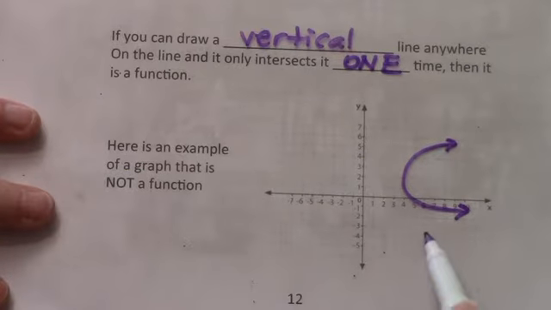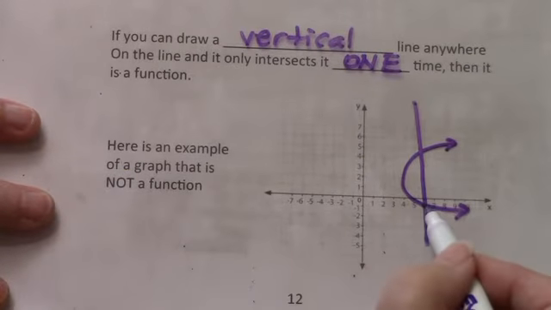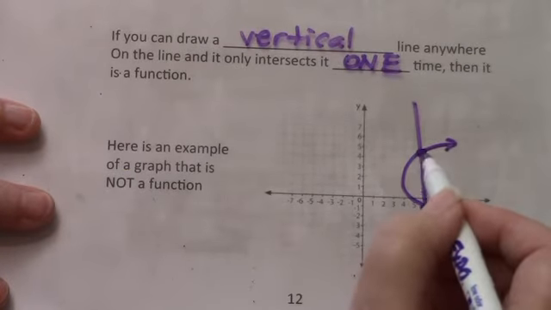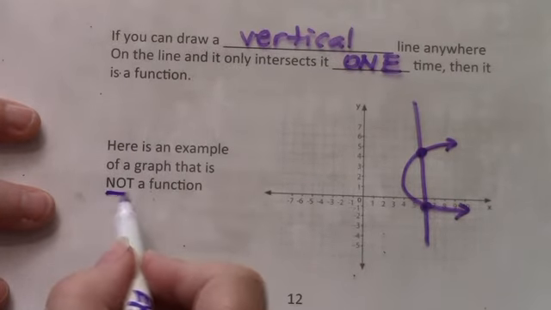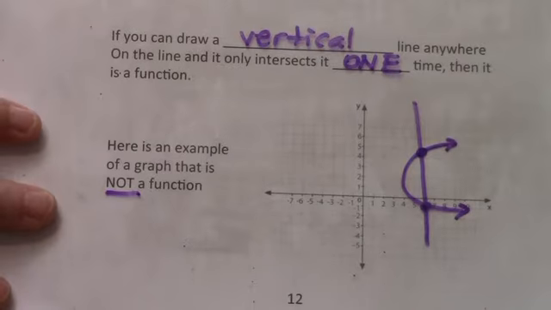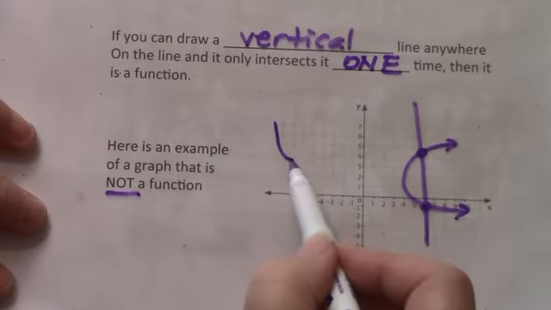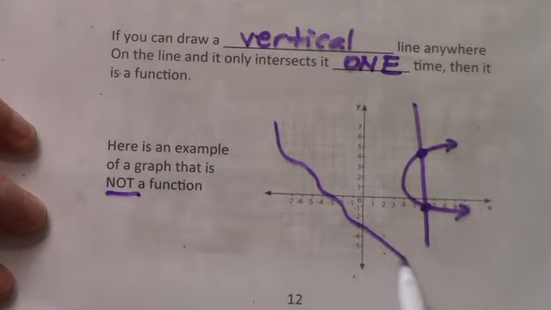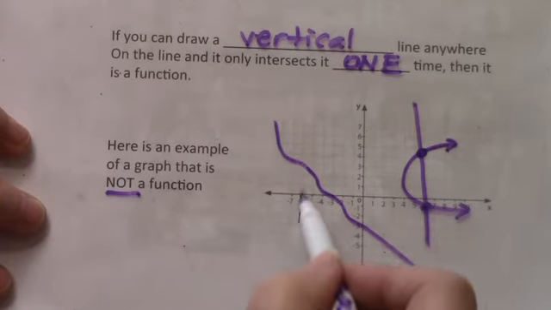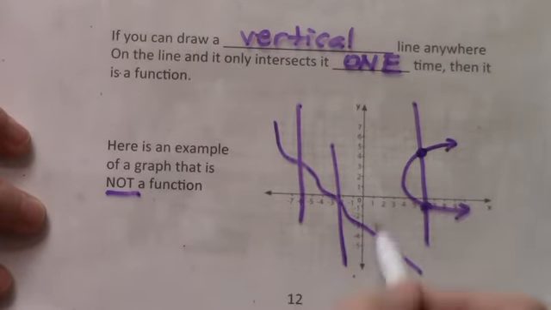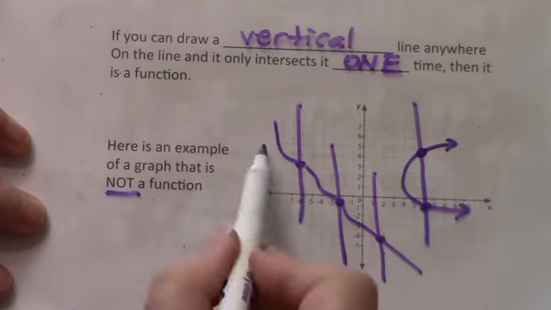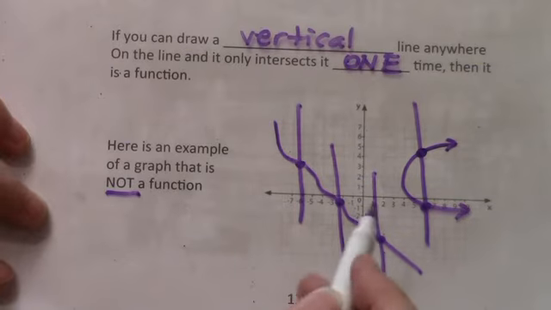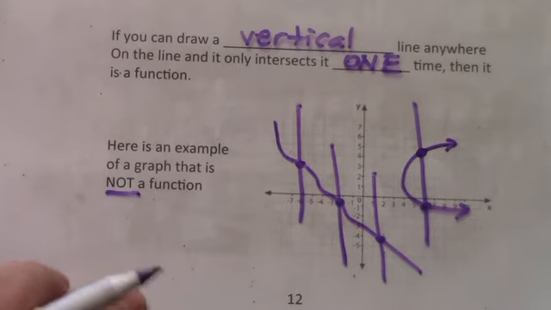If I apply a vertical line, it's intersecting here and here. That means it is not a function. I can have a graph that looks like this. Is it a function? I can draw vertical lines and it's only intersecting at one place. It is a function. It's not linear, it's not a line, but it is still a function.